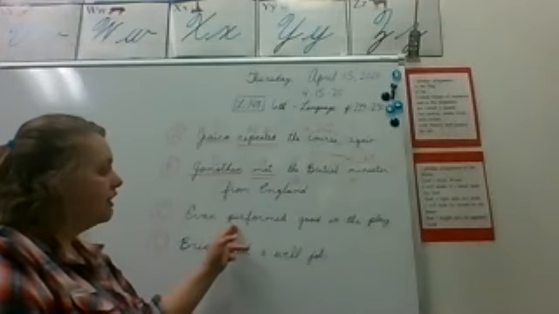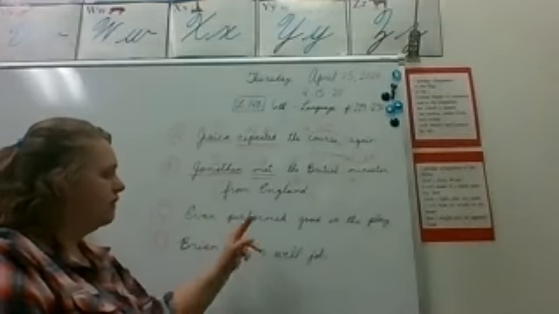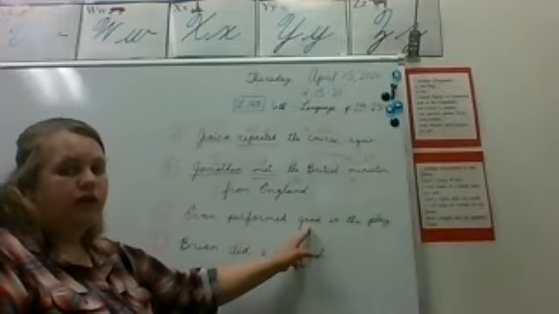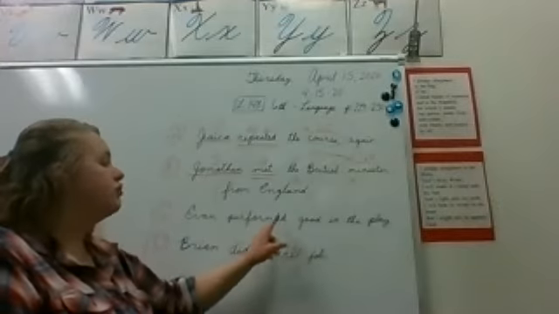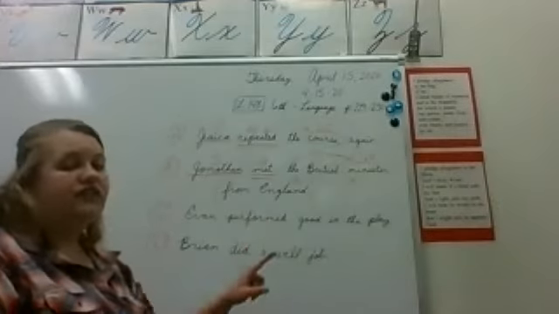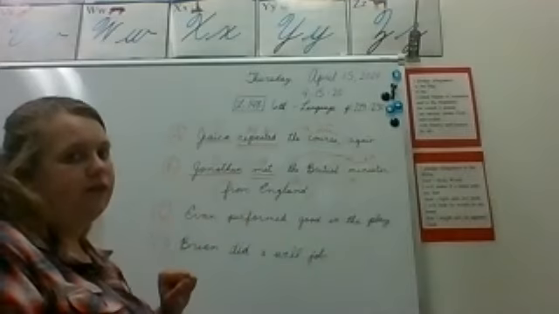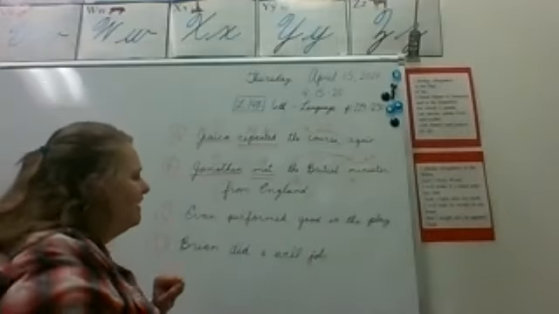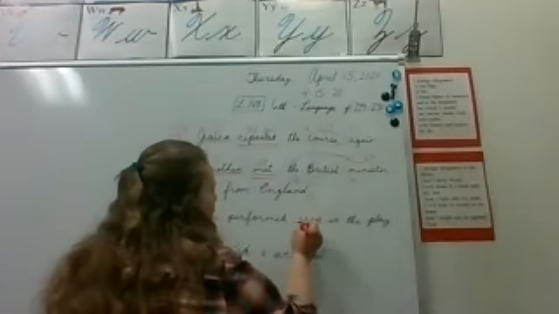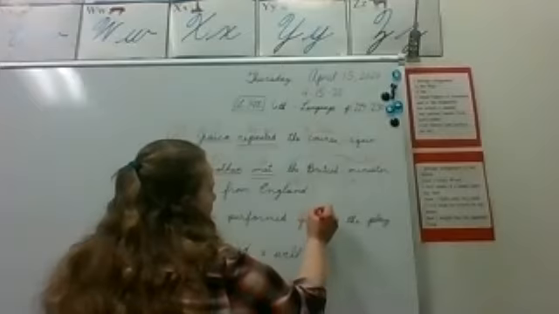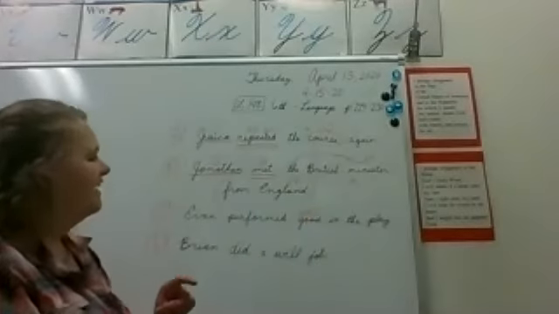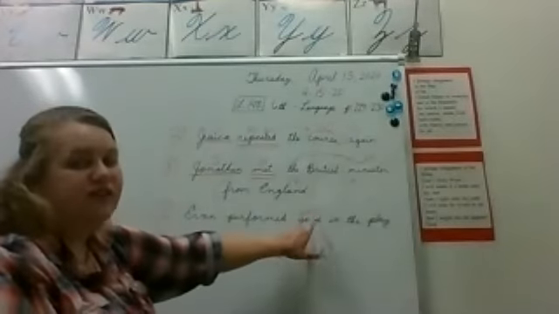Okay, when we're talking about performed, this word would be an adverb describing how they performed. And is good an adverb, or should it be a different word? Ah, you're quick. It's well. Good job, okay? That's well, all right?